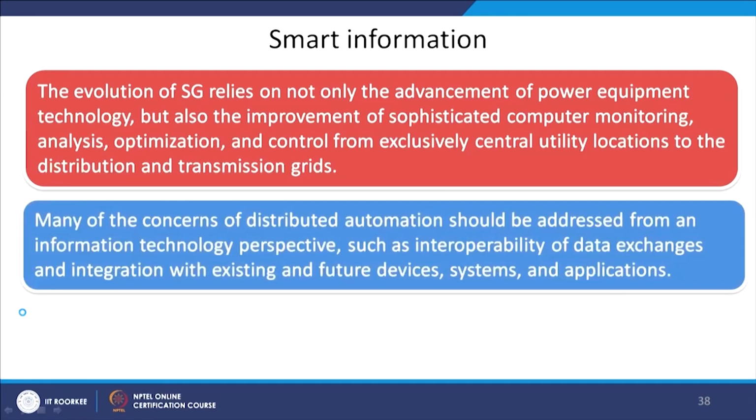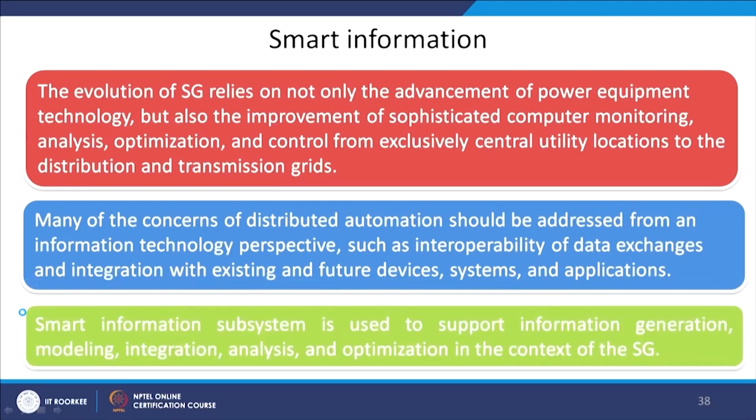Many of the concerns of distribution automation should be addressed from an information technology perspective, such as interoperability of data exchanges and integration with existing and future devices, systems and their applications. The smart information subsystem is used to support information generation, modeling, integration, analysis and optimization in the context of the smart grid.